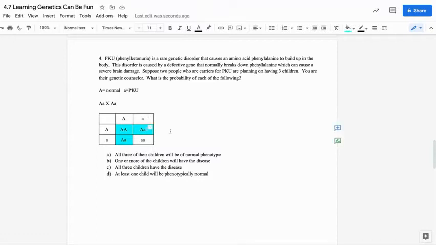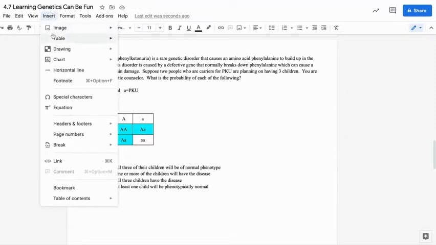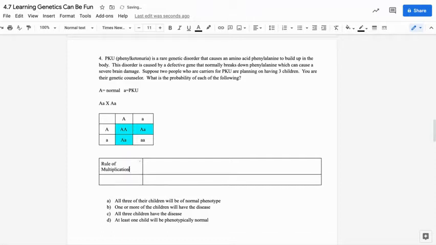There are really 2 basic rules of probability applied to genetics. So I'm just going to insert a table here. There is what we call the rule of multiplication, and there is the rule of addition. Here is basically how they work.